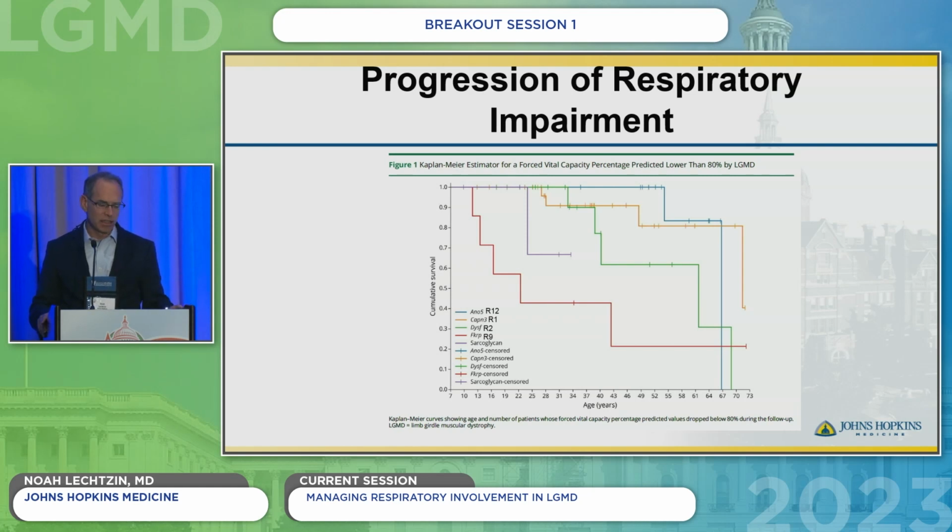Those patients tended to develop respiratory muscle involvement earlier on, and so about 50% at the age of somewhere around 22, 23 had respiratory muscle weakness. Whereas if you look at the top curve there, which is I think the R12, very few of them over the course of this study developed respiratory muscle weakness. So you can see even up to age almost about 60, none of them had developed respiratory muscle weakness, and then a few over the following years.